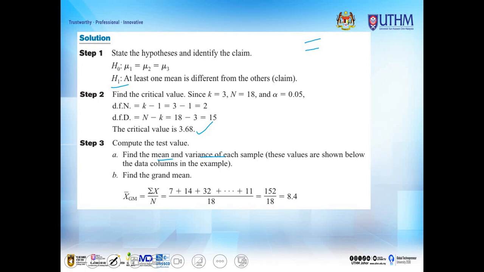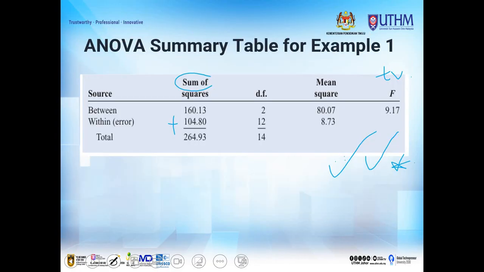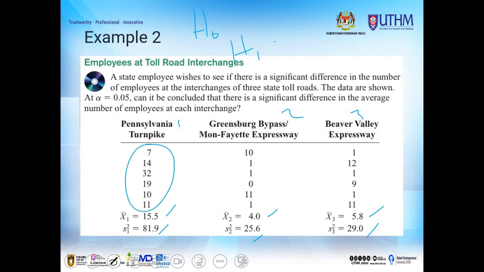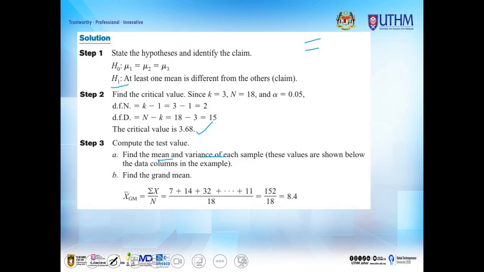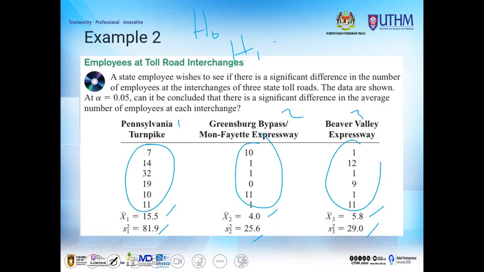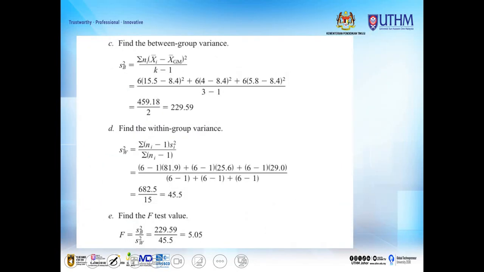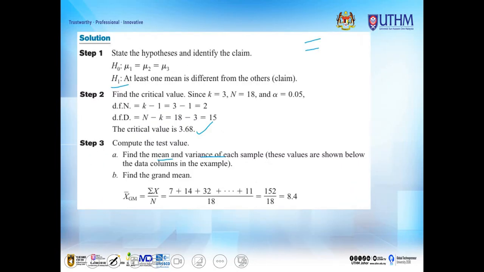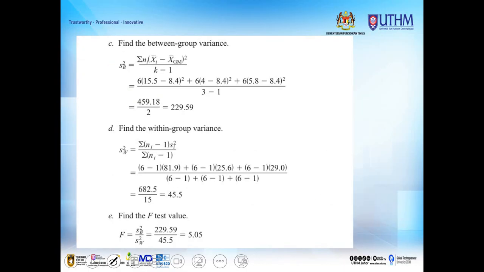Find the grand mean. The grand mean is: total up all the values, divide by 18. So you get the grand mean, GM is 8.4.